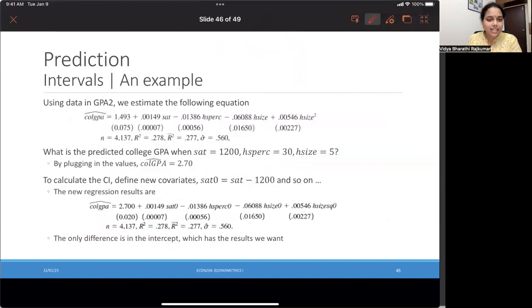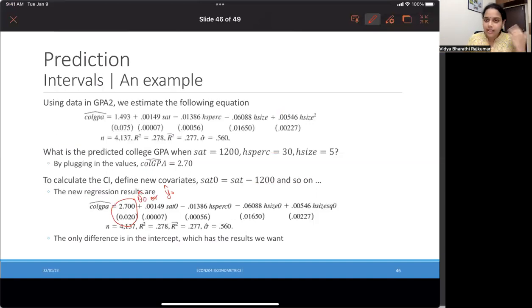Now on to the same example as before. Just by rearranging the terms using the trick that we used when we were testing linear combinations of parameters, we do the same thing. You can rewrite your regression equation. Your intercept is now theta naught hat, or in this case, Y naught hat. So you could think of this as theta naught hat or Y naught hat, the average prediction for that particular set of X values.